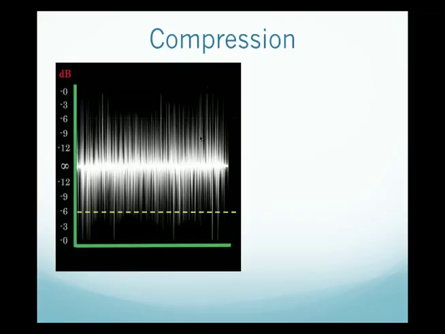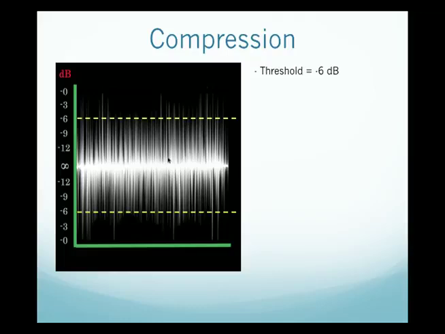If we start out and look at our threshold, threshold could be represented by these dashed yellow lines. We look at the information inside the yellow lines as being where most of that audio exists. And some of that information exceeds the yellow line.